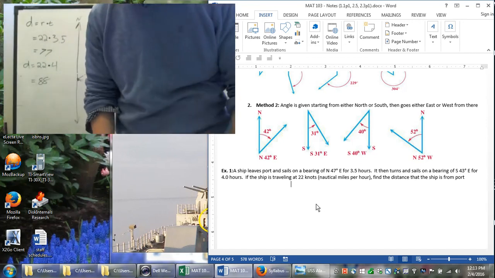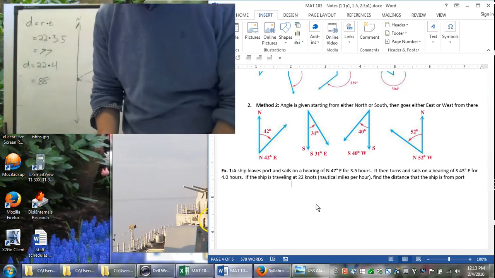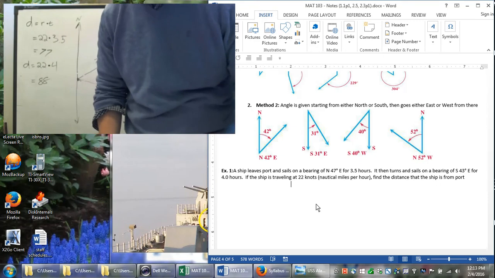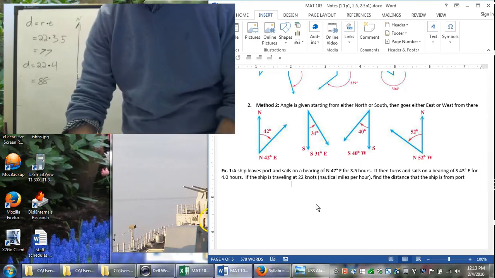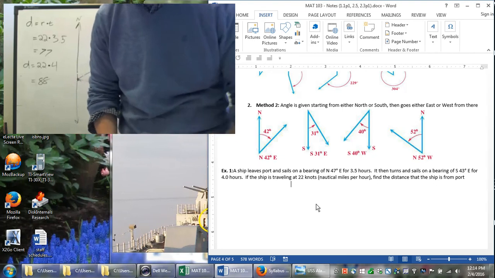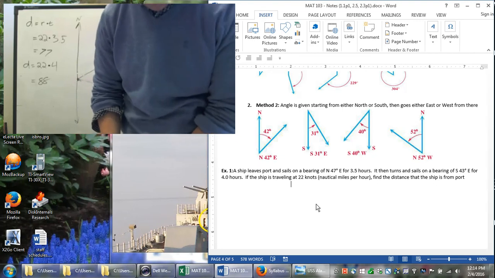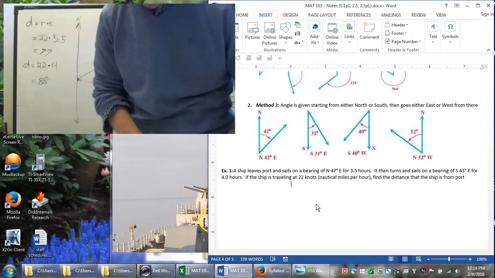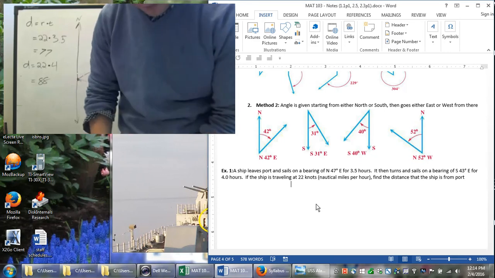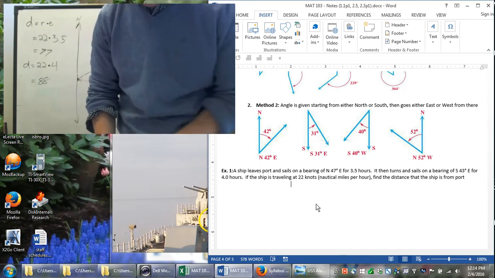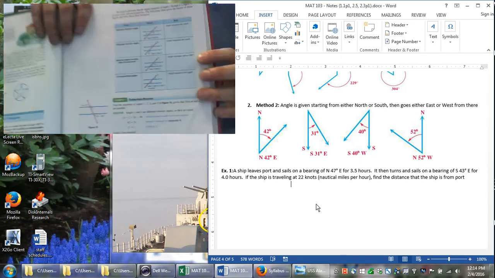Well, because they told us this angle was what? This angle was 43. That's where we took our second bearing from. We turned south 43 degrees east. So that was our second angle there. 43 degrees. So we got 47 plus 43. That's 90. So that's why we care there.